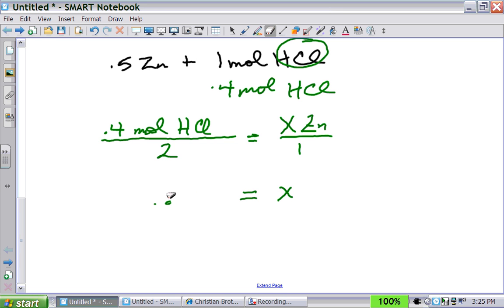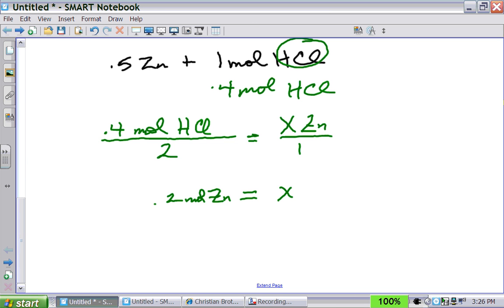I got that simply by dividing 0.4 by 2, cross multiplying and doing that. So as long as we have 0.2 moles of zinc, we will be able to react all of the 0.4 moles of hydrochloric acid. All right, so that's all we need.